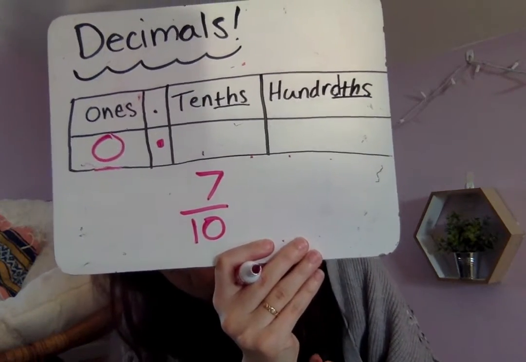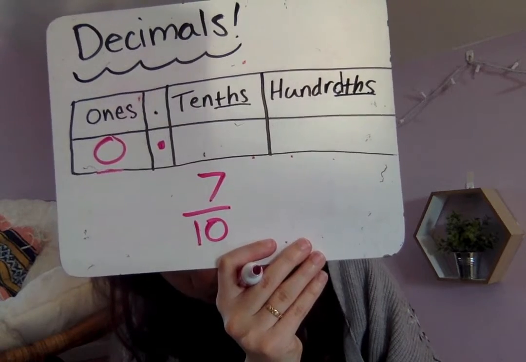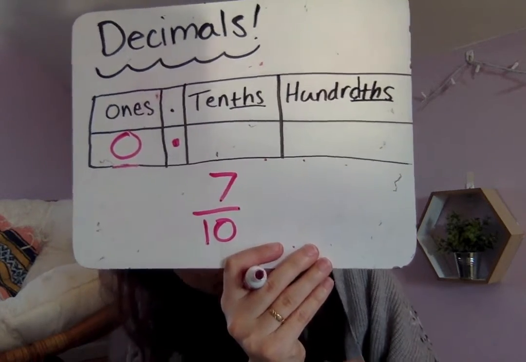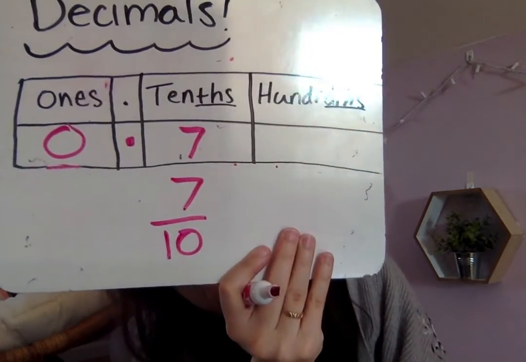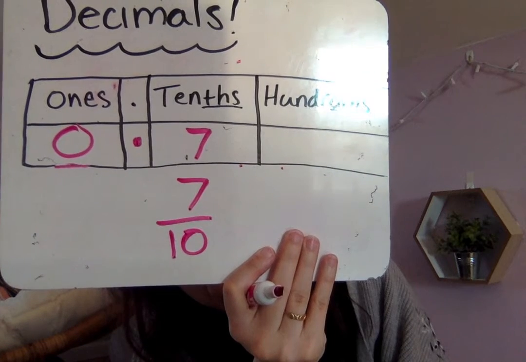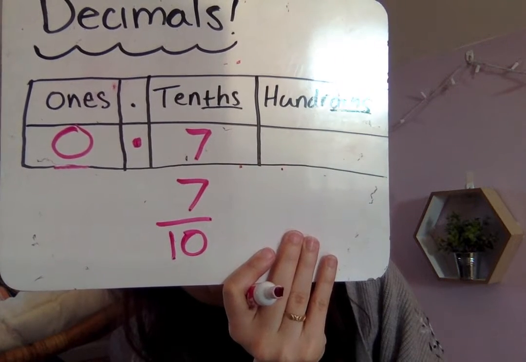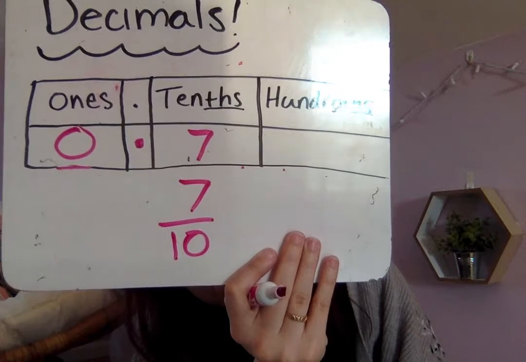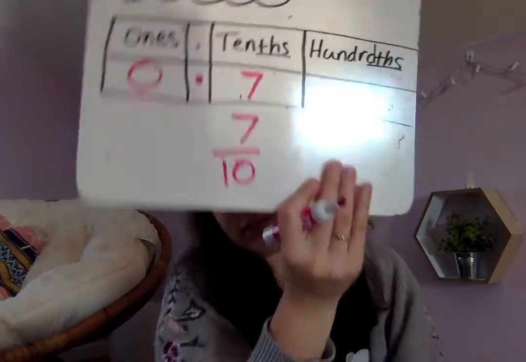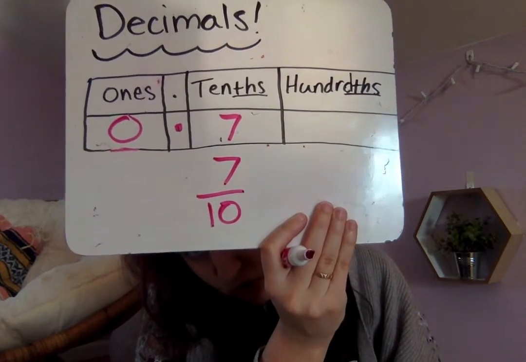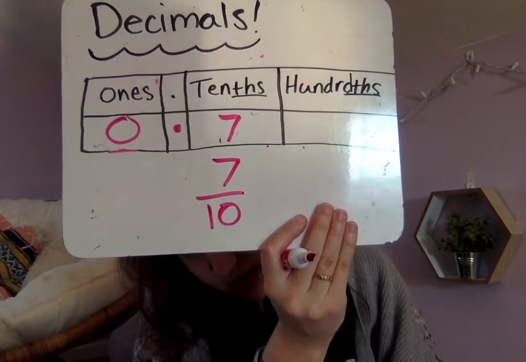So I'm putting my decimal point. Now we just have to fill in the numbers. So 7/10 gives me 0.7. 0.7 is what 7/10 is. And there's no hundredths, so I could even just put a 0, but I'm not going to. I'm just going to leave it because there's nothing there anyway. So 0.7 is my decimal.